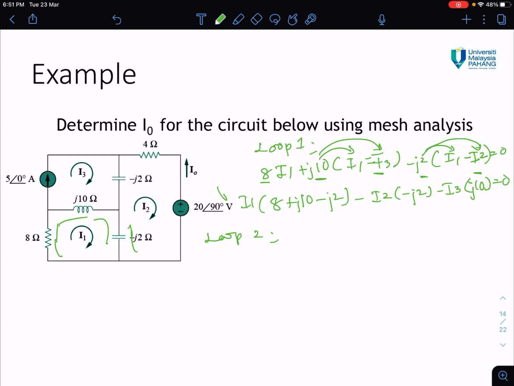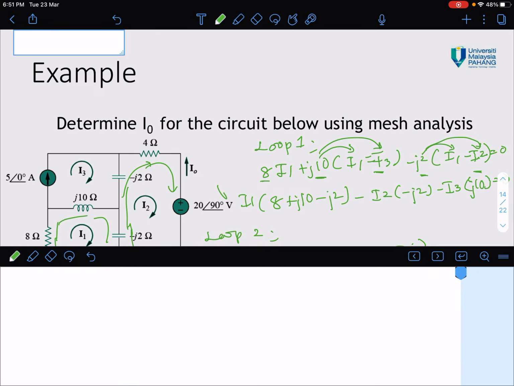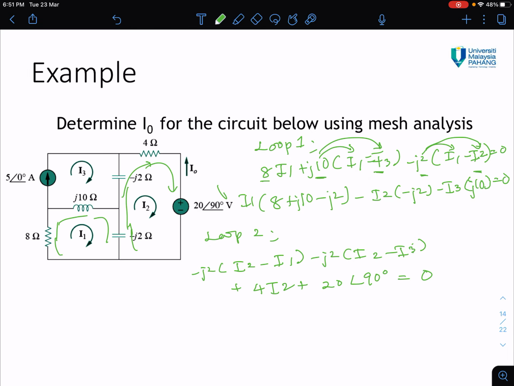Minus j2 times I2 minus I1, and then here minus j2 times I2 minus I3, and then plus 4 I2, and for the voltage source, plus 20 at 90 degrees equals 0. So we need to group.